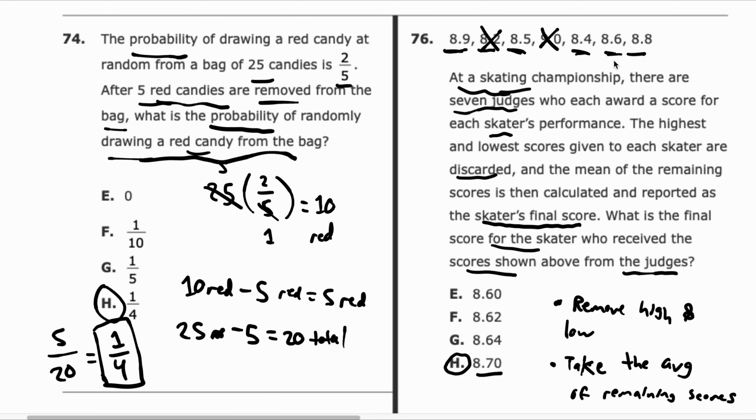Or actually, no, I'm sorry. I think I was wrong here. I think that it would be 8.64. Let me check that quickly. But yeah, you can do this via arithmetic.